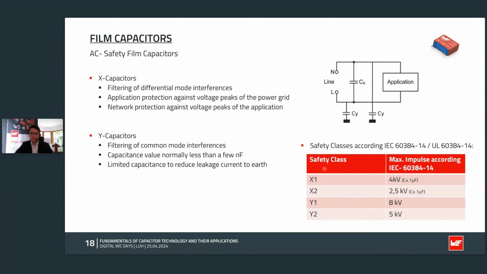If we have a look at the safety class, for example for X2, the X2 capacitors have to withstand a 2.5 kV impulse voltage rating. And Y2 capacitors need to withstand 5 kV impulse voltage tests. So for Y2 capacitors, the requirements are even higher, because if you connect it to earth, it's important to protect humans and animals from any bad influences there.